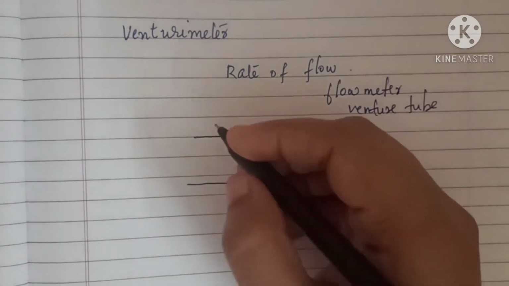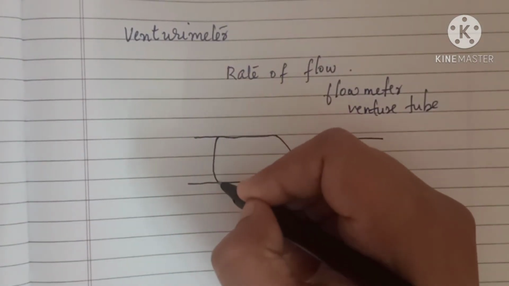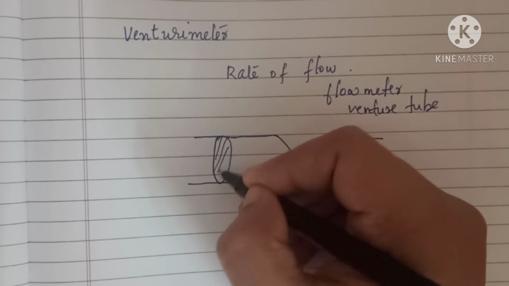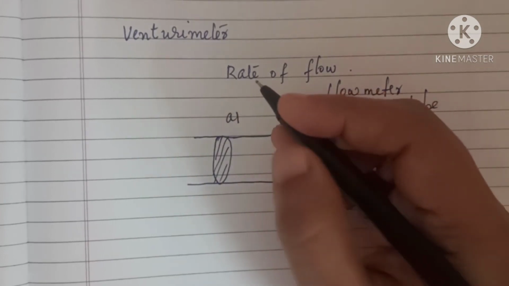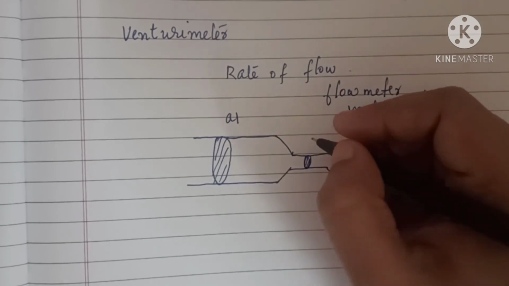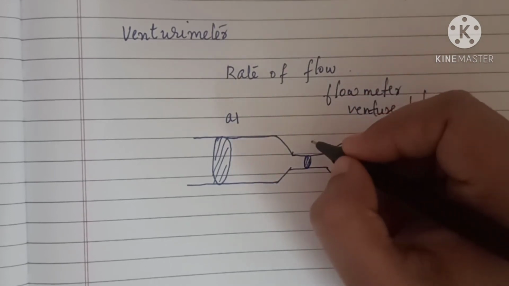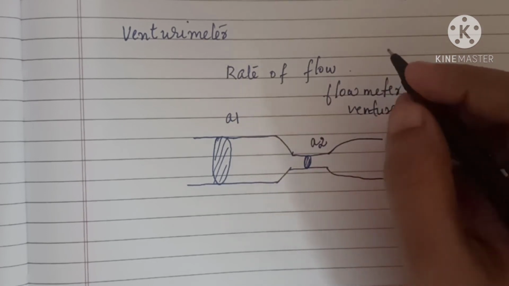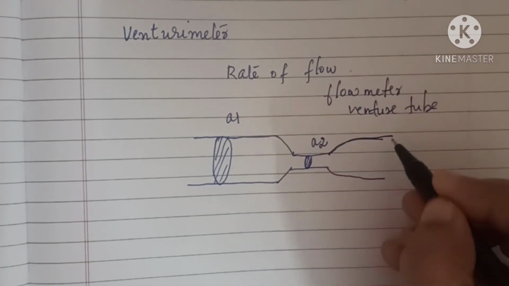Here the wider opening of cross section, you can consider this part as area A1, and there is a smaller cross sectional area here which we call A2.